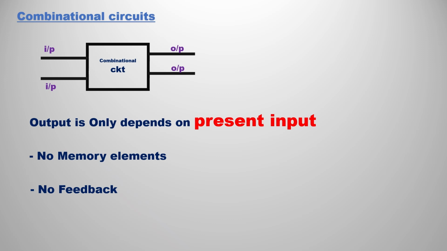There is no feedback and no memory element for storing the output. That is a very important point, because if you had a memory element, we could store and give feedback. Without storing, it just produces outputs from the inputs. That is the main thing in combinational circuits.